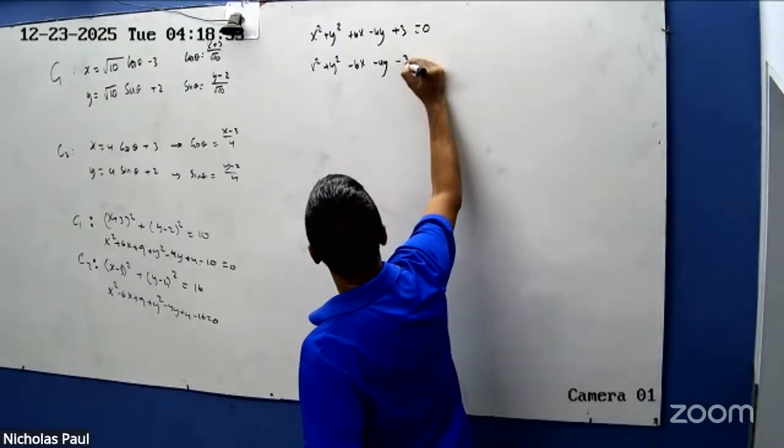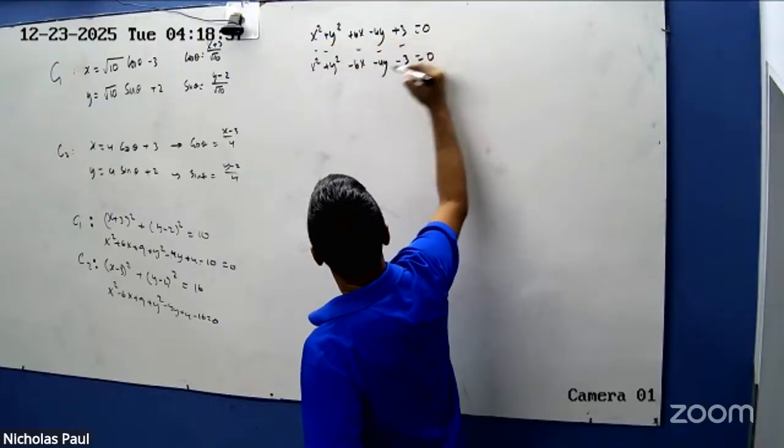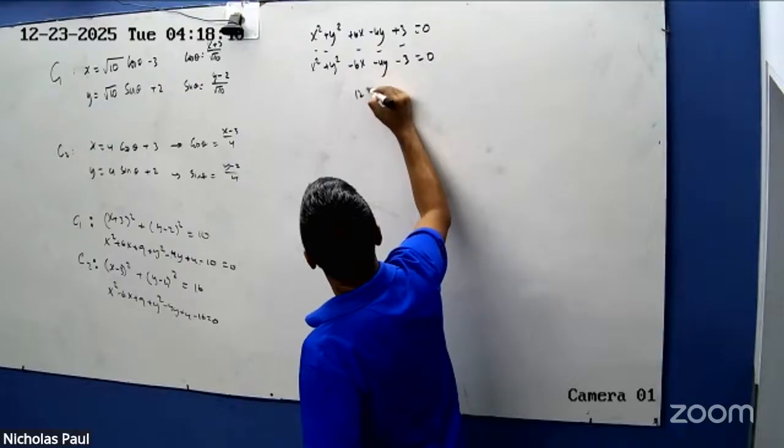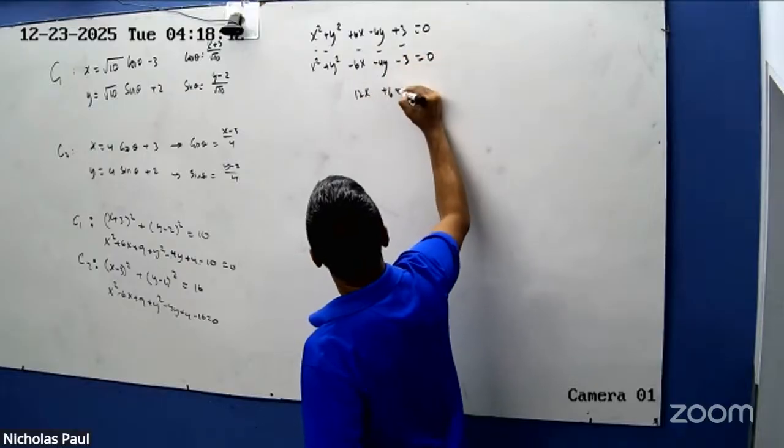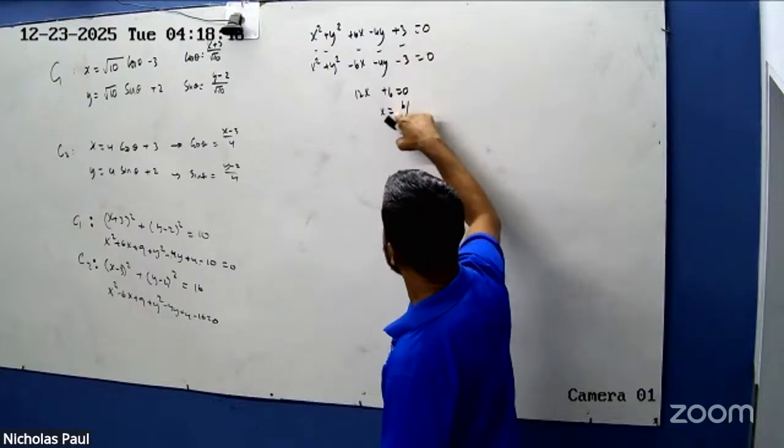So I got minus 3. So I'm minusing equations here, and I will get 12x plus 6 is 0. So x is minus a half, right?